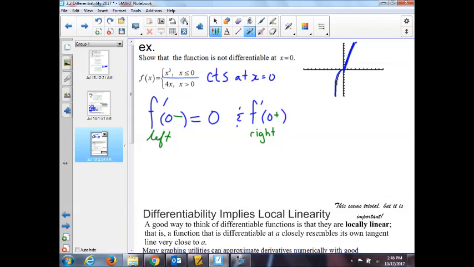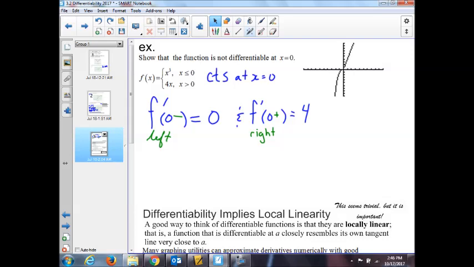Every point on that line has a slope of 4. If you approach 0 from the left or the right, if it's differentiable, you'll get the same answer. You don't here, do you? This is not differentiable, and it's because the left and the right side limits don't match at 0. So it's non-differentiable at 0.